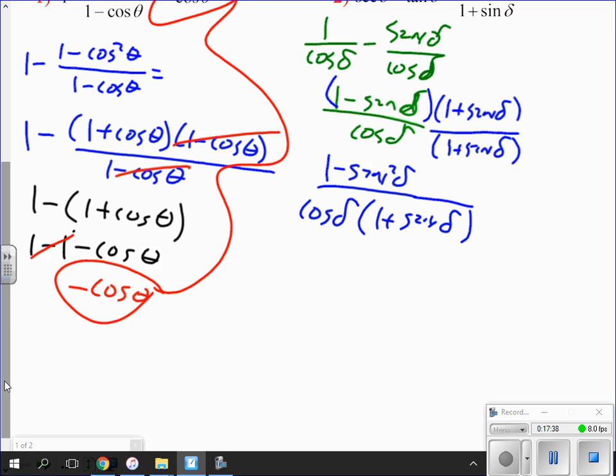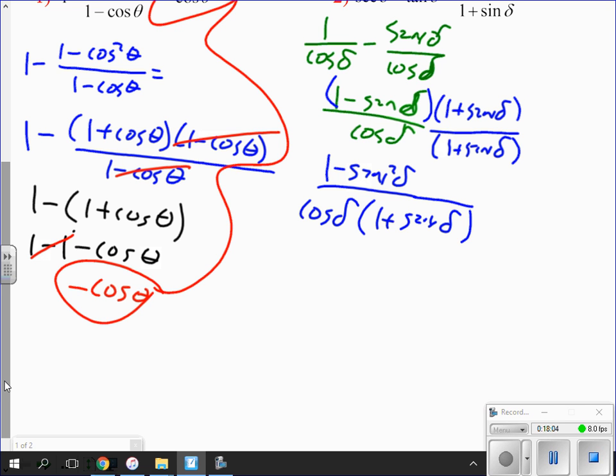Remember, all 3 of those identities come from this one. You can rearrange an identity like this, you can rearrange this equation, that's fine. That's what I have here. So I have 1 minus sine squared, replace it with cosine squared.